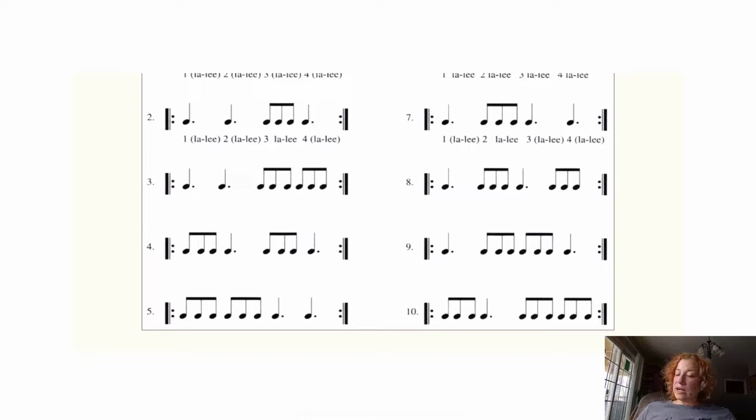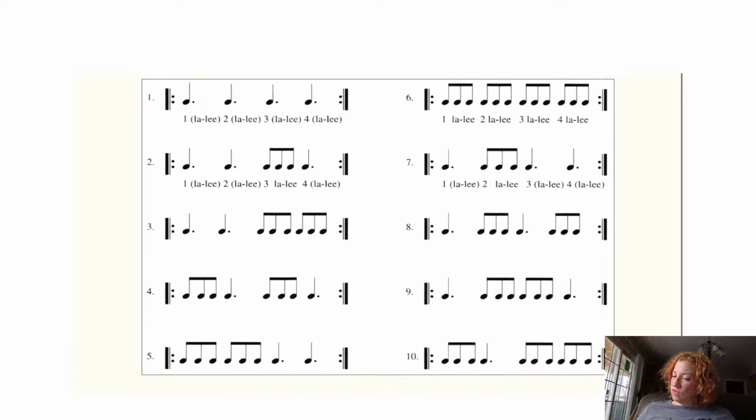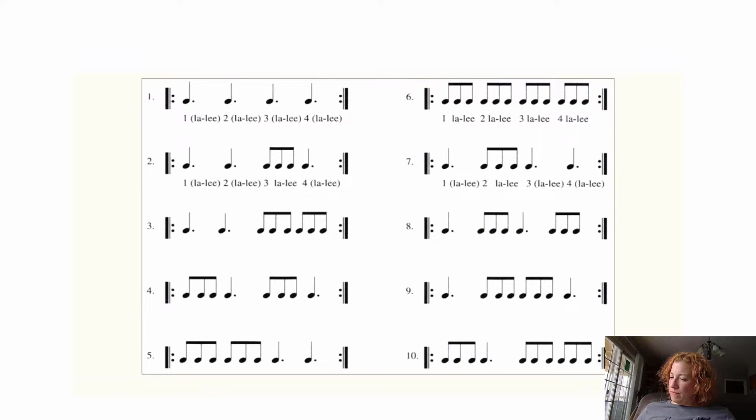Lots of stuff going on here. I can mark the beat in these examples as well, and this is where it becomes very handy indeed. We'll do 7 and 8, marking the beat. So, number 7. 1, 2, 3, 4.